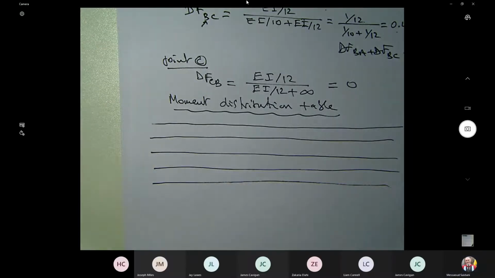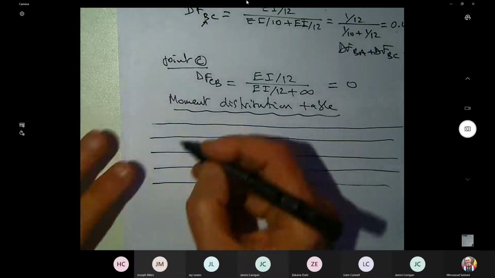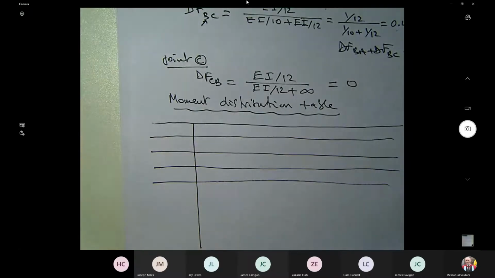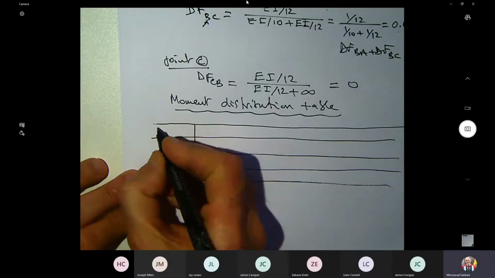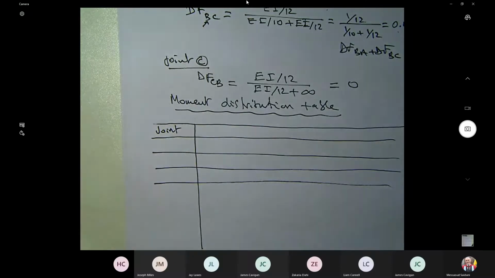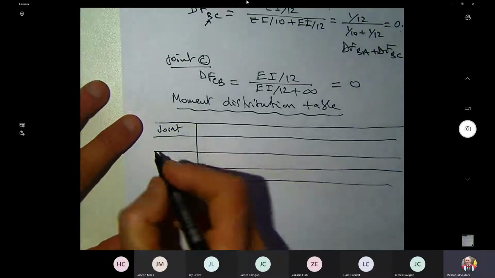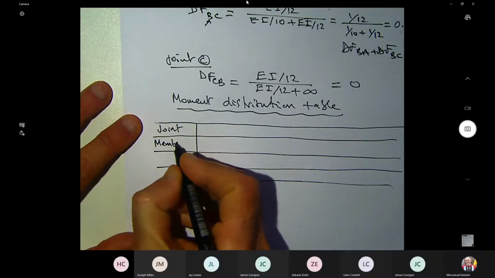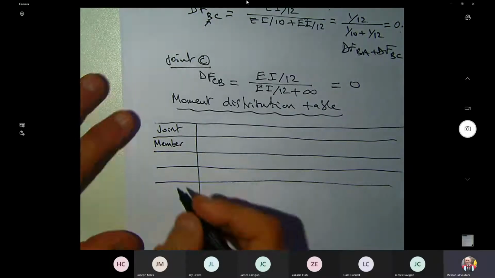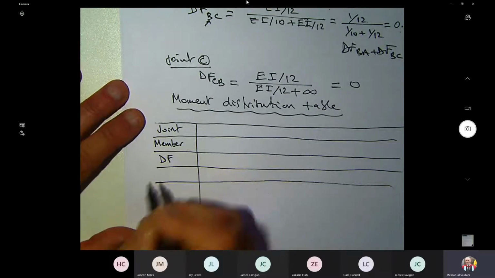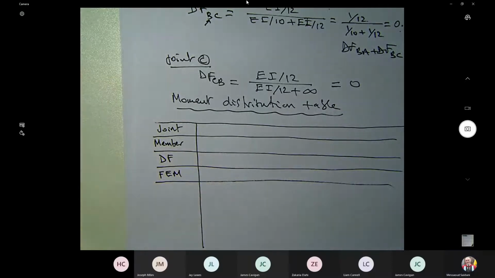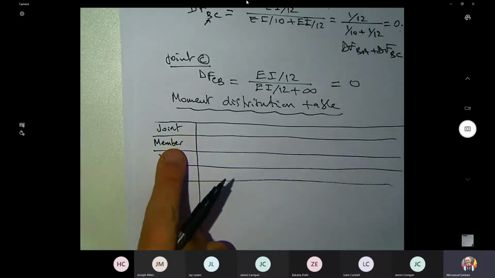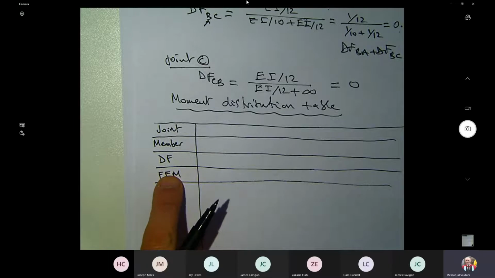In the first row we put the joint. In the second row, the member. In the third row, the distribution factor. And in the fourth row, the fixed end moment. So: joints, member, distribution factor, fixed end moments.